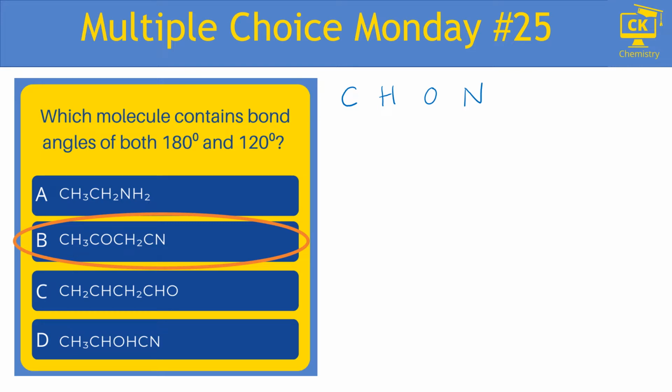So we really are only looking at combinations of carbon, oxygen and nitrogen and the hydrogen atoms and seeing how they're bonded together. If we look at nitrogen first of all, most of the time it's going to form 3 bonds and 1 lone pair. And so there's usually going to be a trigonal pyramidal shape around my nitrogen, and it's going to have a bond angle of 107 degrees.